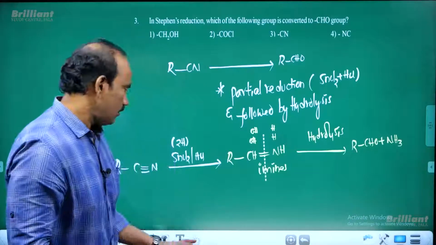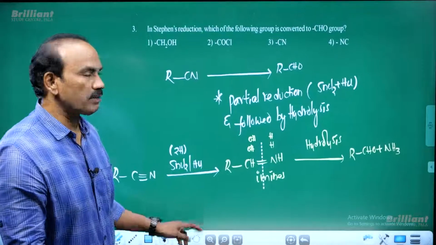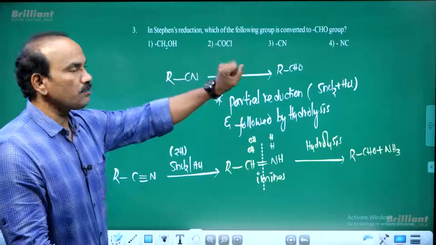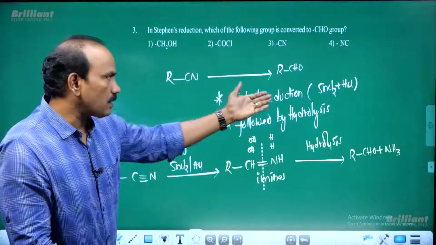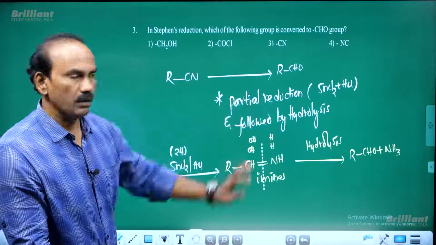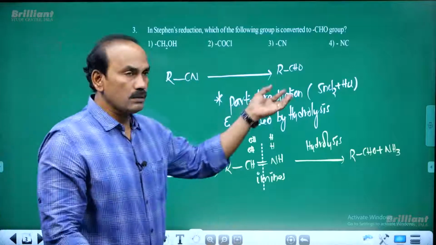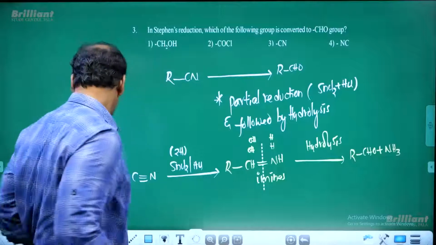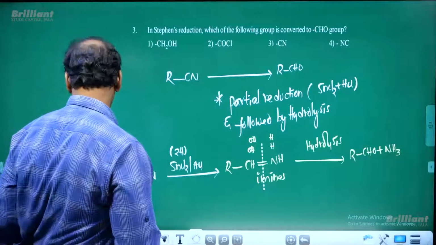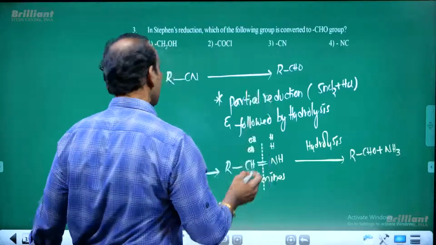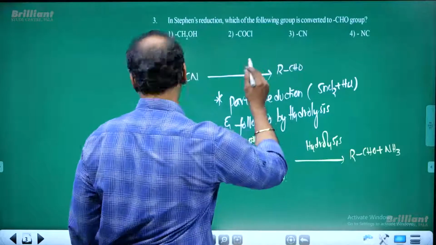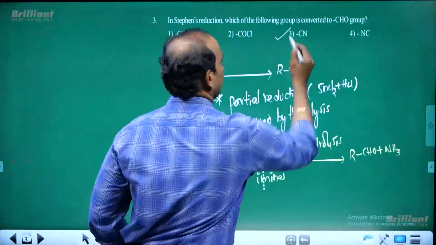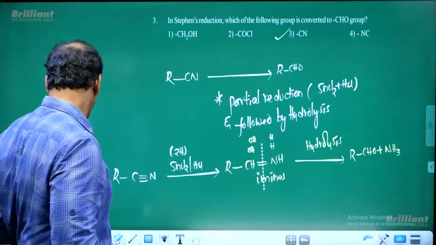The same type of product is given by DIBAL-H also. So what is the Stephen reduction? Partial reduction followed by hydrolysis. In this, cyanides change to aldehydes. So the answer is this one. Okay. Next one.